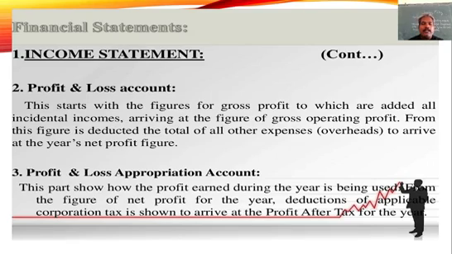So generally, in the profit and loss appropriation account, we must provide corporate tax and something transferred to reserves, special reserves like statutory reserves and other reserves likewise. After deducting the corporation tax and some other items, we will get a surplus or deficiency. The surplus is transferred to the balance sheet, right?